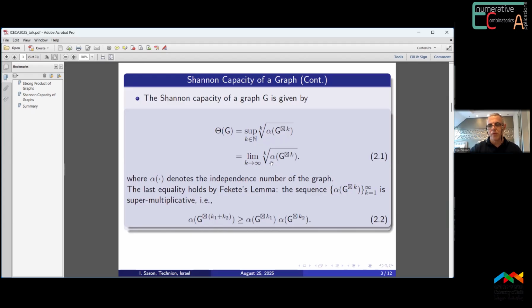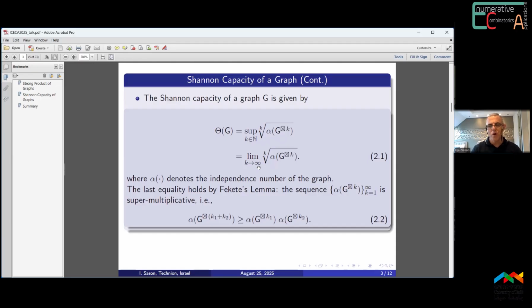Because you look at the independence number, you need symbols that cannot be confused. So you take k-fold sequences and look at the confusability graph of these k-fold sequences, and then you can take the root of order k and let k be arbitrary by having this supremum.